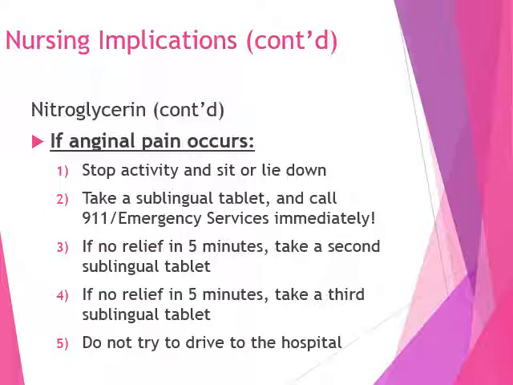It really depends on the physician, but according to your book, it says take one and call. So that's what I want you guys to remember. You'll see as you work with the physician what their instructions are, and you'll get comfortable with the way you want to teach. But regardless, they're going to take a sublingual tab and they're going to call 911.